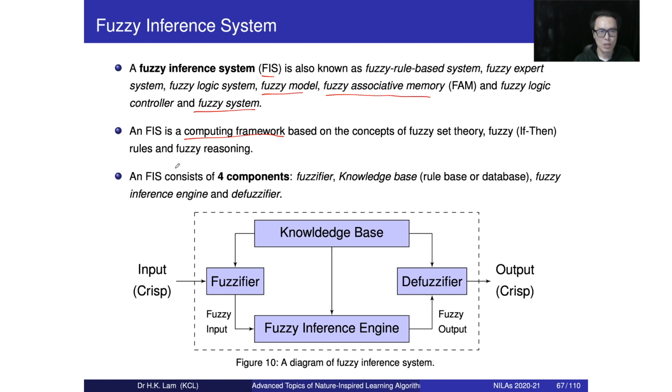In general, a fuzzy inference system has four components: the fuzzifier, the knowledge base, that is the if-then rule, and the mechanism to do reasoning, that is the fuzzy inference engine, as well as the defuzzification. I will introduce each block one by one.